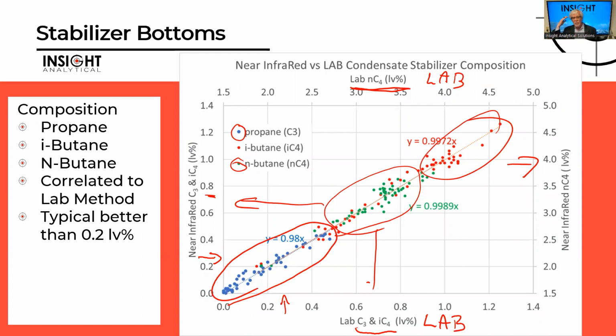So we've got the same lab results that the pipeline company, or whoever is deciding your penalty, is using on one set of axes and the analyzer result on another. And what we see is that we essentially have a 1-to-1 correlation between them. Yes, some noise, typically better than about 0.2 liquid volume percent.